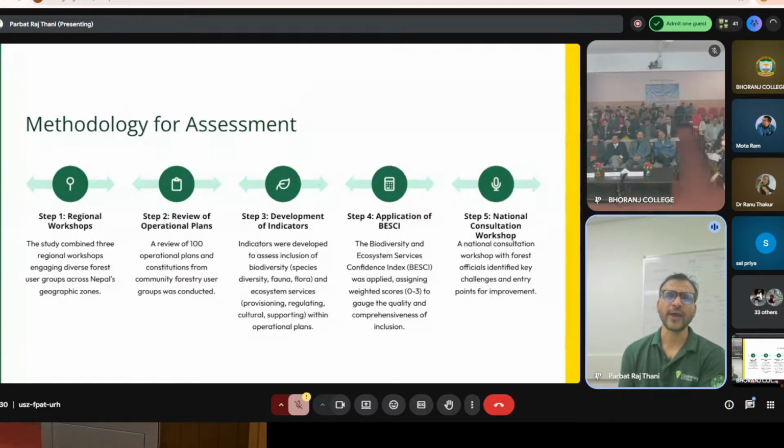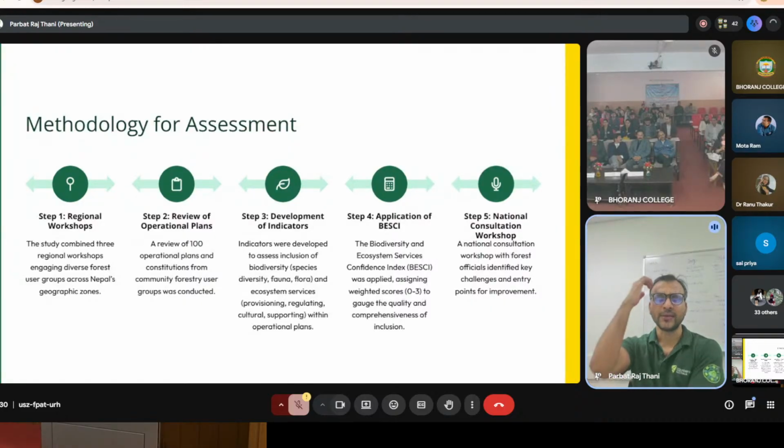There were a total of 5 regional workshops around Nepal, and we also reviewed the operational plans that community forest management users take into consideration to manage their forest. Overall, we collected approximately 100 operational plans randomly from different parts of Nepal.